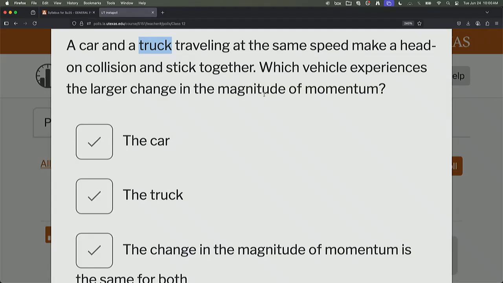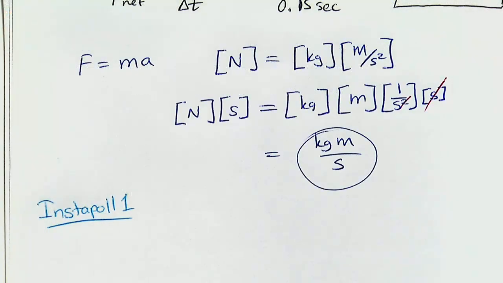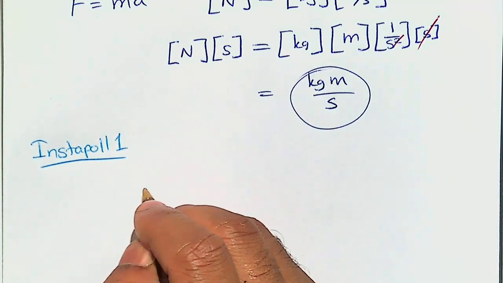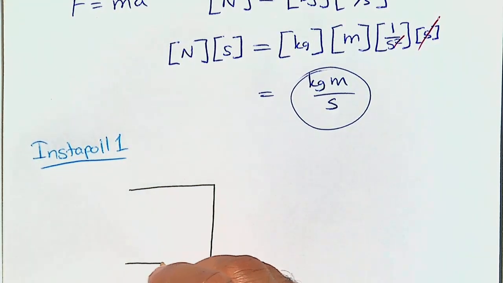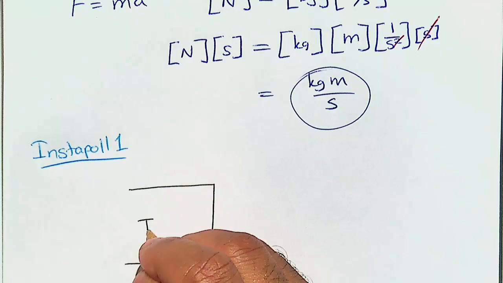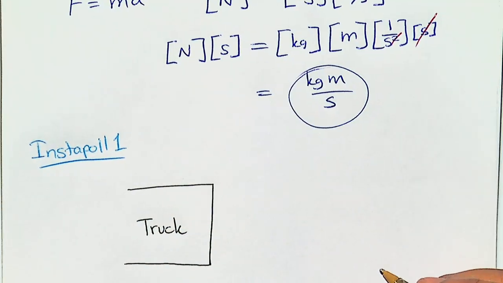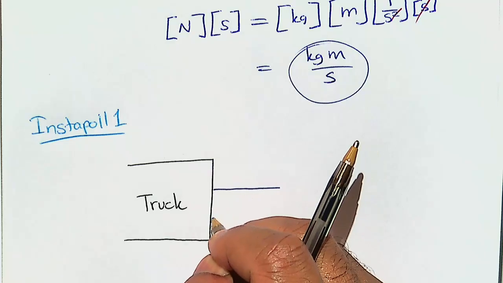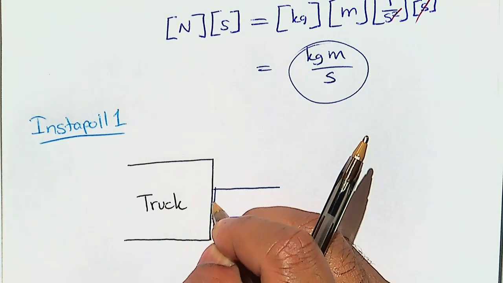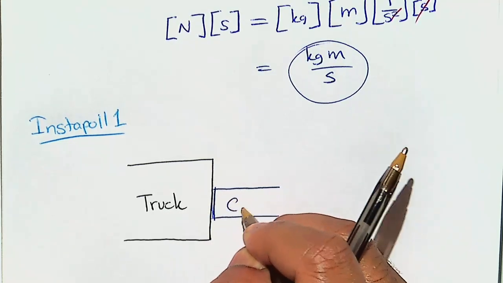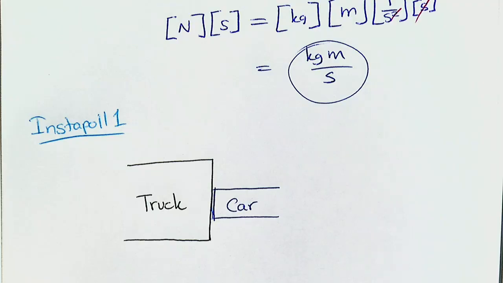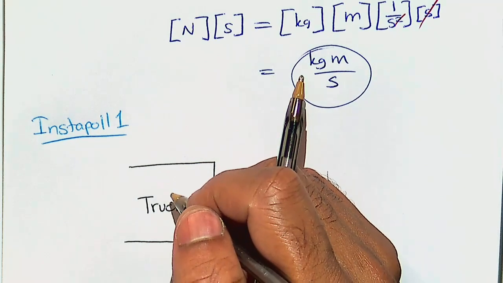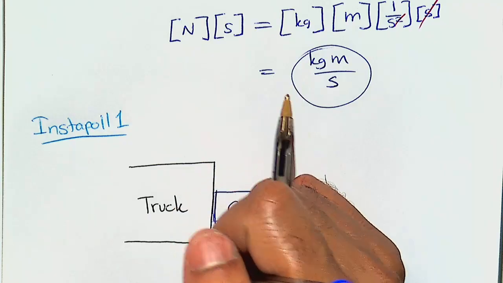Let's go to our notes and see if we can draw a picture and figure this out. It doesn't have to be too detailed. This could be the truck, and this could be the car, about to collide with each other. We are told that they have the same speed.